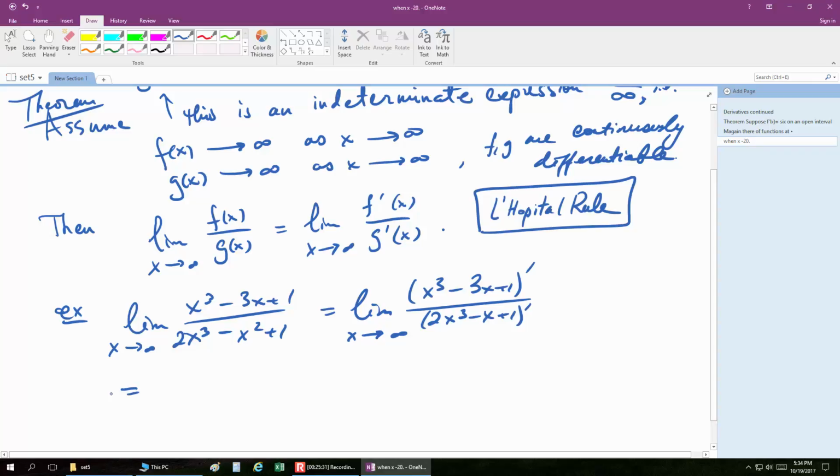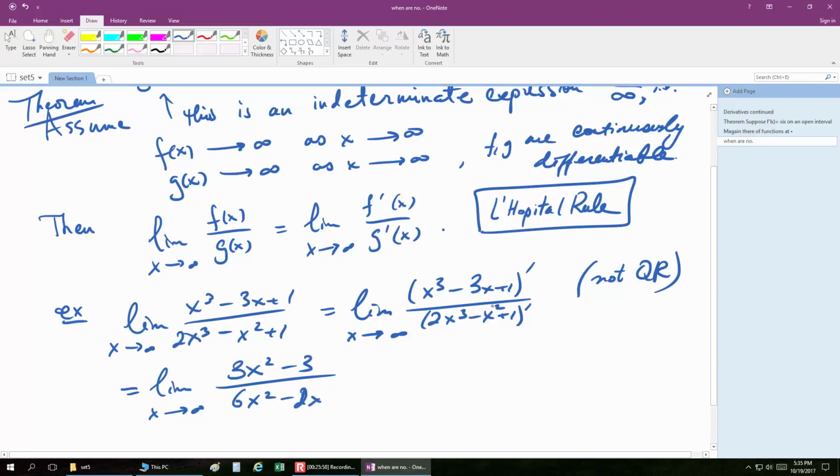So this is not the quotient rule. I'm not trying to find the derivative of the fraction. I'm trying to find the derivative of the numerator and of the denominator. So 3x squared minus 3 over 6x squared minus 2x.